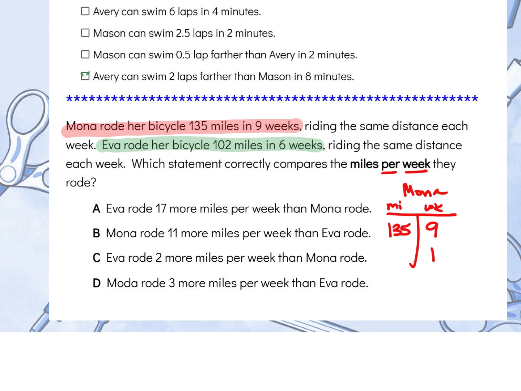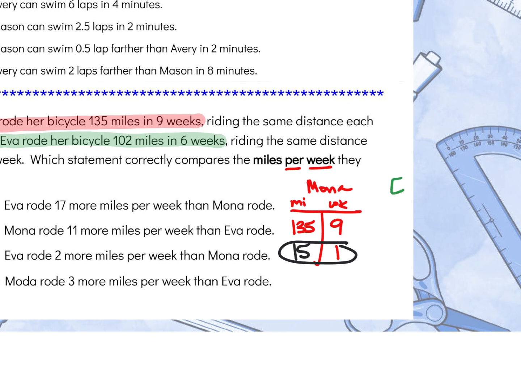Okay, so now we can solve. So we need to divide 135 divided by 9. And we get 15. All right, so that's her unit rate, 15 miles per week. And now we're going to do the same thing for Eva. So I'll make her little T-chart of miles per week.